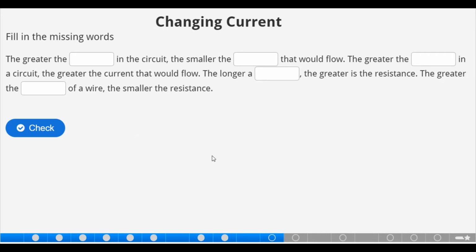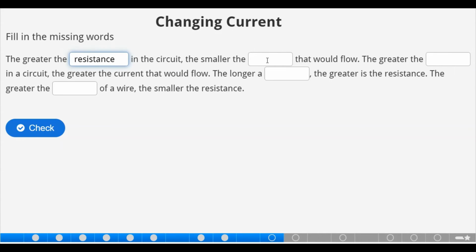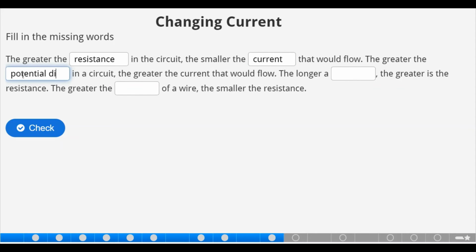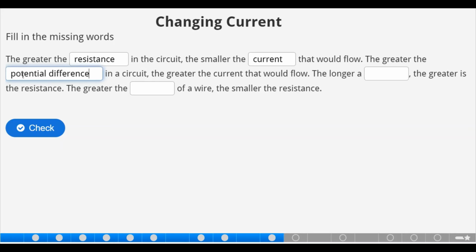Now, changing current. We are also filling in the missing words to define how to change current. The greater the resistance in the circuit, the smaller the current that would flow. The greater the potential difference, okay, that's the voltage, in a circuit, the greater the current that will flow.